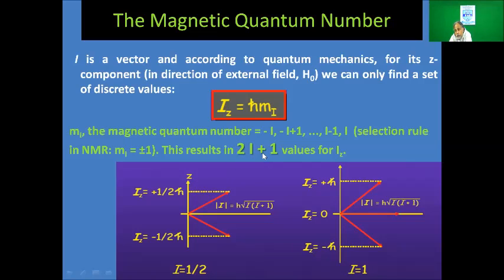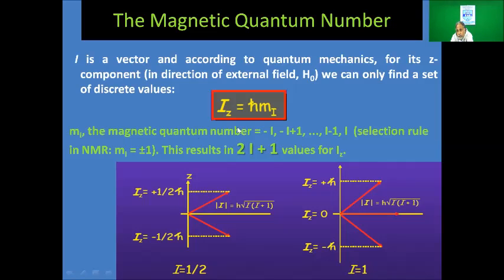Like the electrons, where the azimuthal quantum number in an external magnetic field gives 2L plus 1 splitting: for a p orbital with L equal to 1, the magnetic quantum number is -1, 0, plus 1, that is 2 into 1 plus 1.